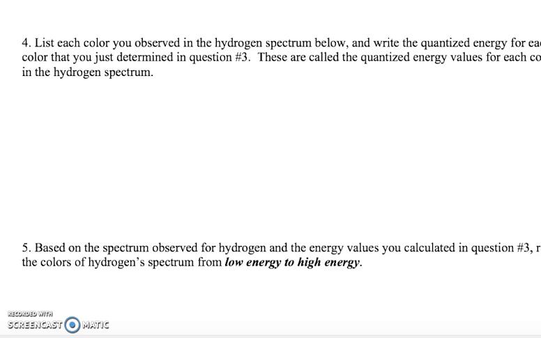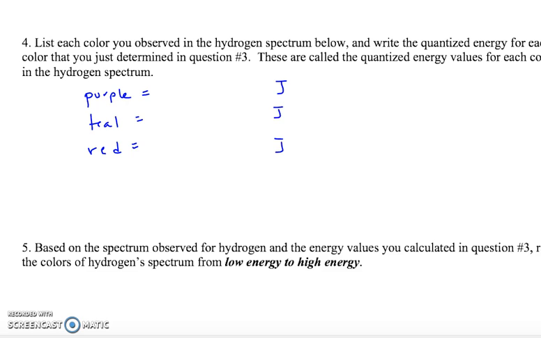Then on the next page, list each color you observed in the hydrogen spectrum and write the energy for each color. For the purple, the teal, and the red, all I'm asking you to do in this question is rewrite your answer in joules.